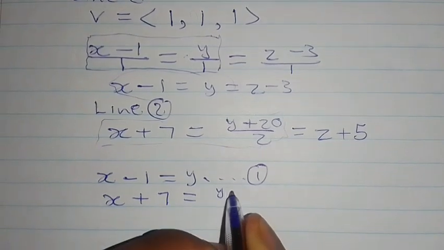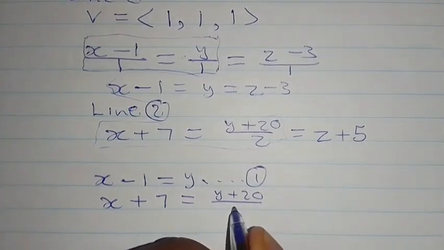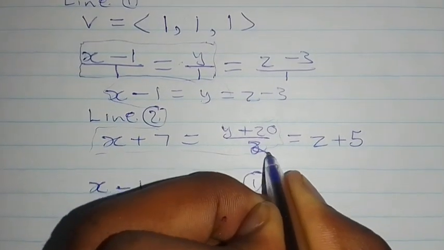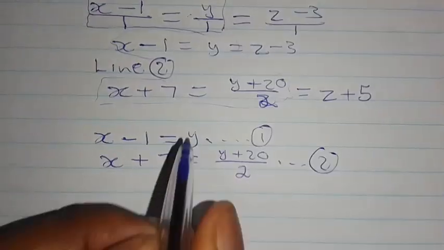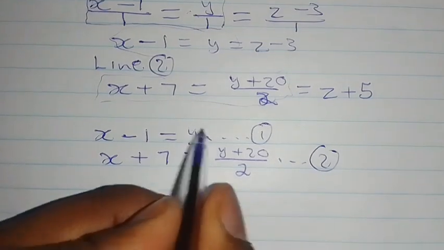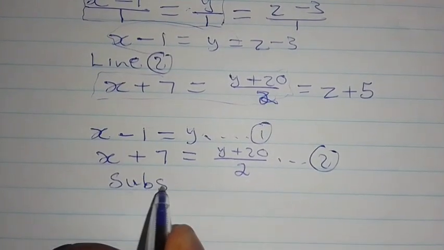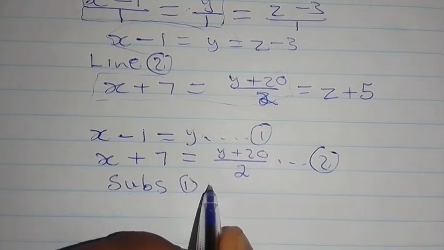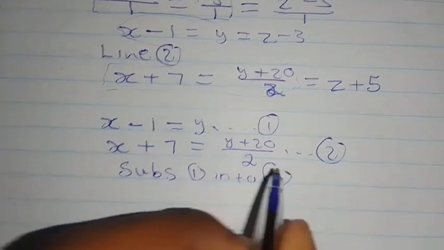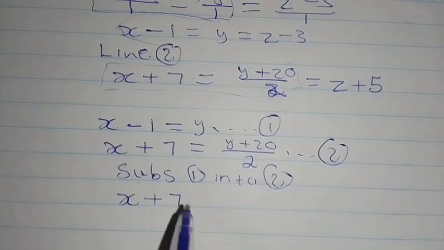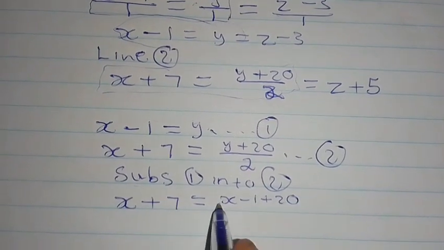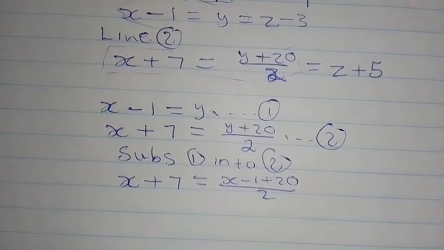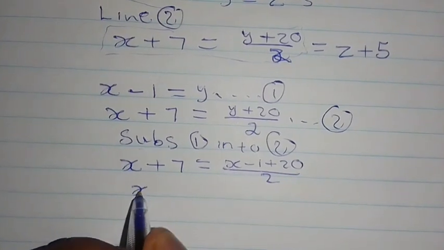Then you have y plus 20 divided by 2. This will be the second equation, and this one is simplified, so we can substitute equation 1 into equation 2. That means we're going to replace y with x minus 1 plus 20, and then I have x plus 7.